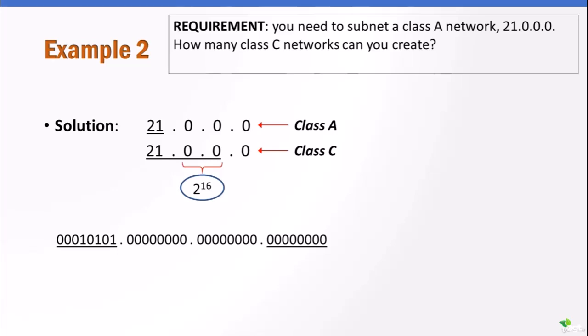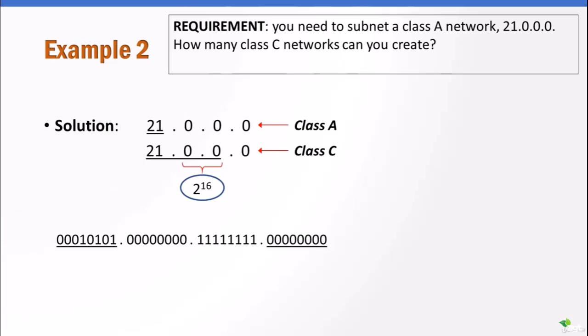So for example, the first class C subnet is going to be 21.0.0.0. The second one is going to be 21.0.1.0. The third one is going to be 21.0.2.0, etc. It's going to be 2, 3, 4, and then we're going to go all the way to 255 in the third octet.